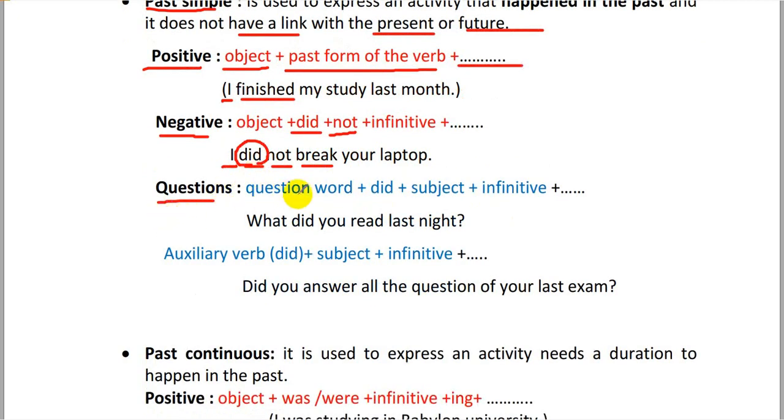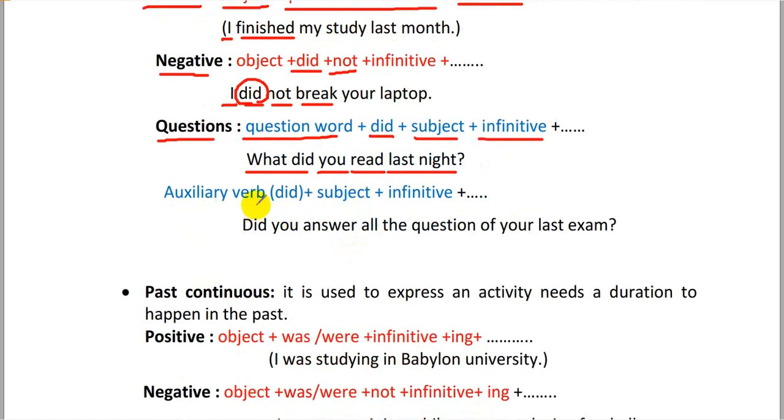Questions, we can use either of two forms of questions, either question word or auxiliary verb. For question word, the rule is question word أداة الاستفهام plus did plus subject plus infinitive. For example, what, the question word, did, the auxiliary verb, referring to the past, you, the subject, read, the infinitive form, last night.